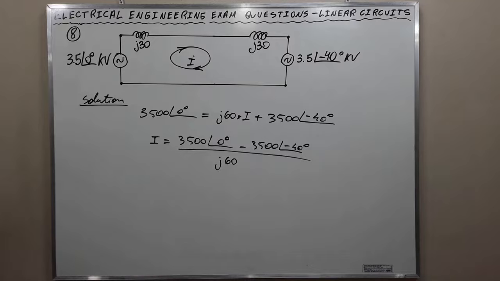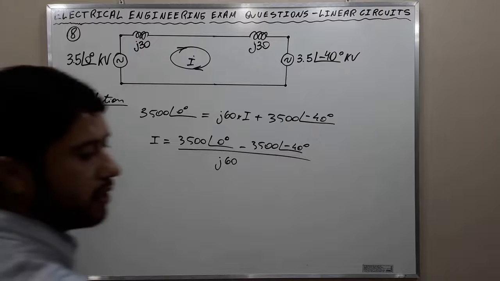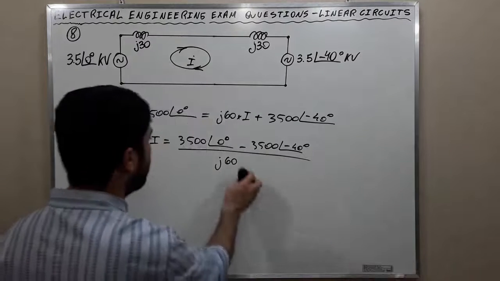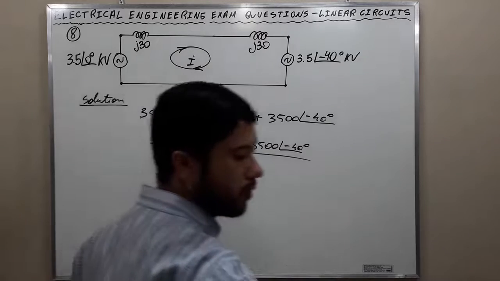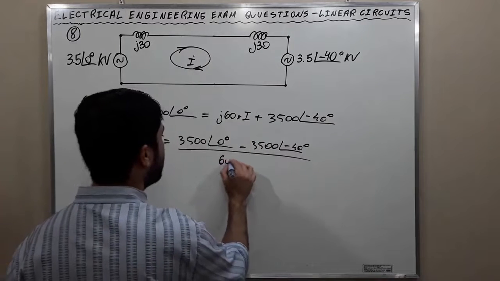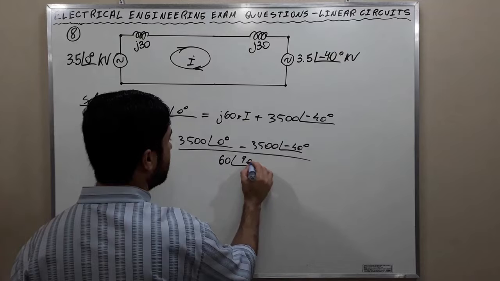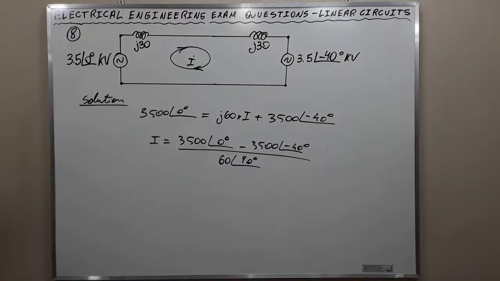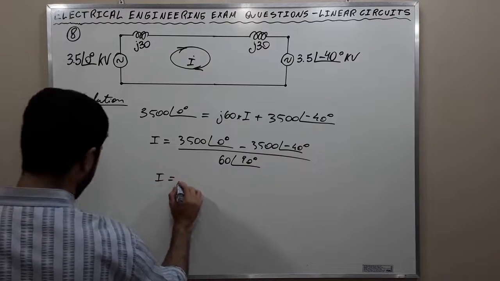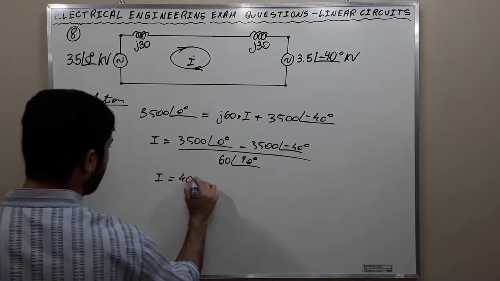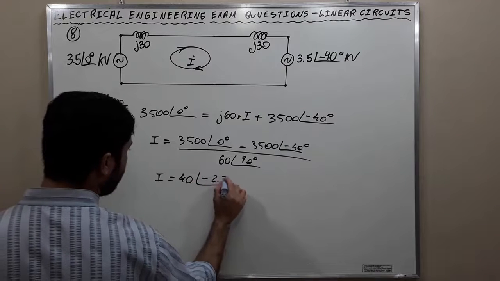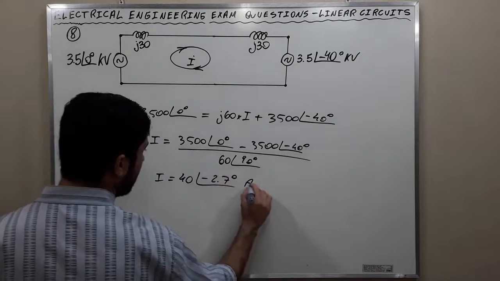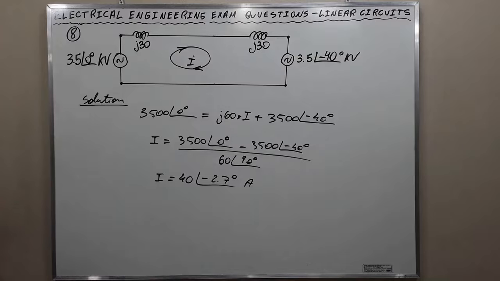We can also write it in the polar form, and in the polar form, it becomes 60 phase 90 degrees. And when we solve this, we get that the current is equal to 40 phase negative 2.7 degrees amperes. Okay?